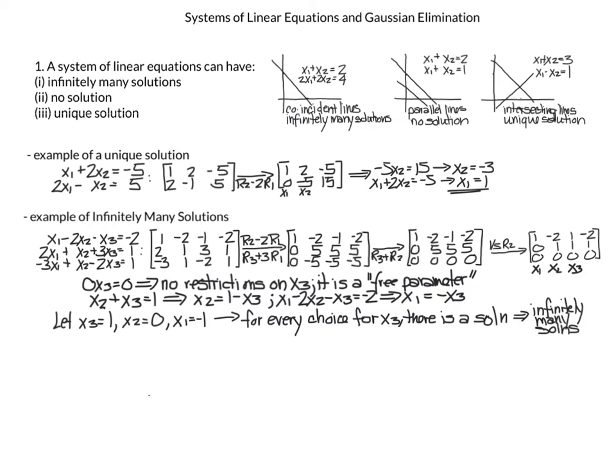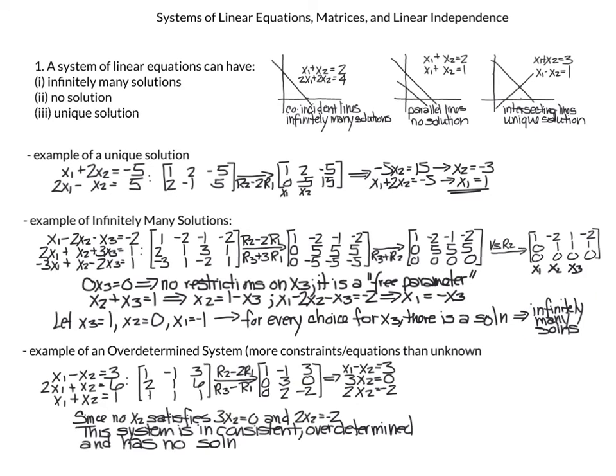Last, we have an overdetermined system. In other words, more constraints, more equations than unknowns. So here we have 3 equations and only 2 unknowns. Here's my augmented matrix. I do the row reduction, and then I do my backwards solving. And what you see is I have 2x2 is equal to minus 2, which suggests that x2 should be equal to minus 1.